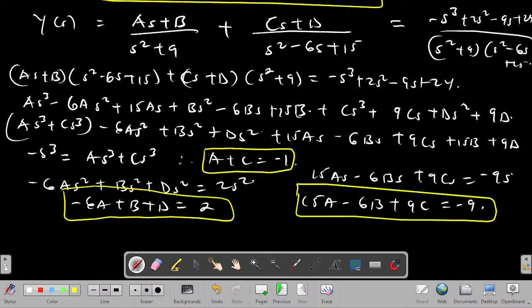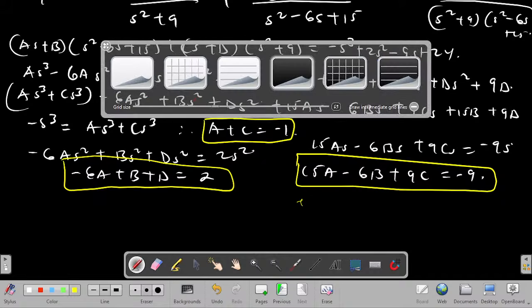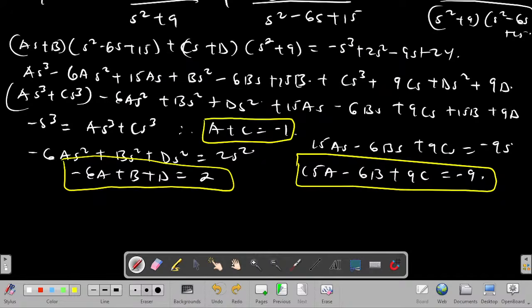Then finally we have the standing terms, which is the last part. I have 15B plus 9D. 15B plus 9D should be equal to what?